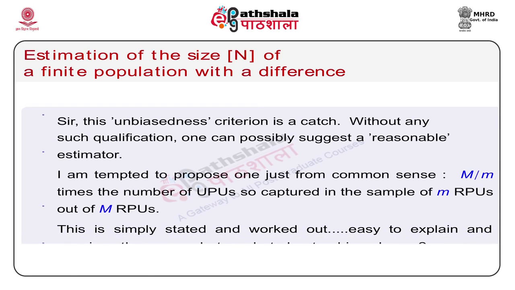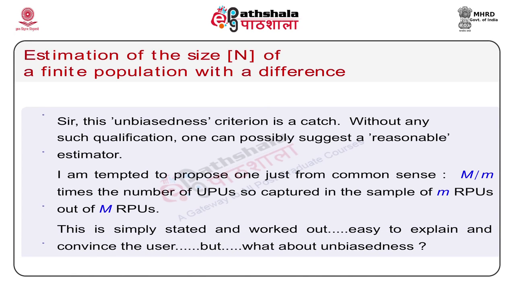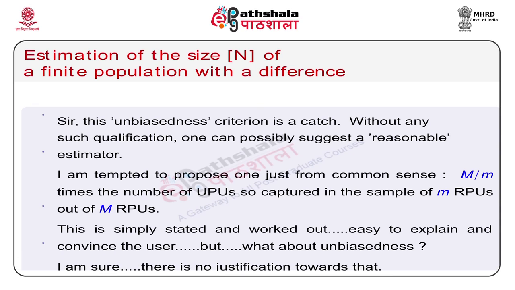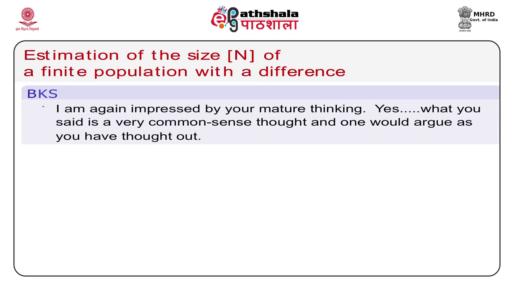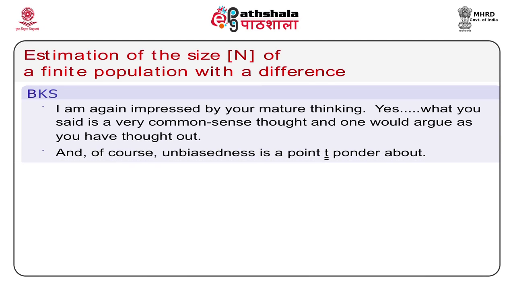This is simply stated and worked out, easy to explain and convince the user, but what about unbiasedness? I'm sure there is no justification toward that. I am again impressed by your mature thinking, of course, but what you said is a very common sense thought, and one would argue as you have thought out, and of course, unbiasedness is a point to ponder about.